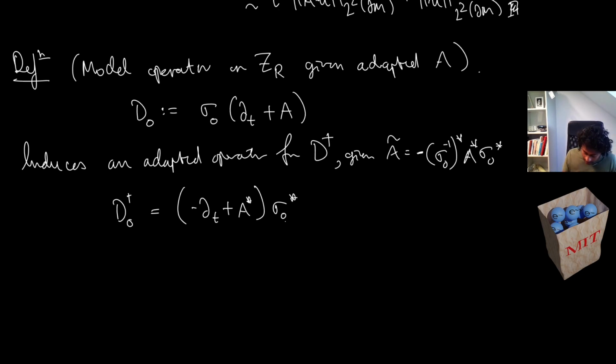And how do we come across this adapted operator? Well, we'll just take the formal adjoint of D naught. If we take the formal adjoint of D naught, we end up with this expression. And in order for us to write it in the form that we wrote it before, we have to factor out the negative. So we get negative D naught star, then we have dt minus D naught inverse star A star, and then we absorb the D naught star here, right? And that's what we end up with.